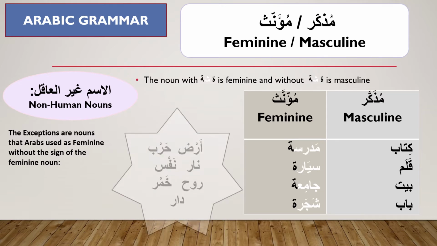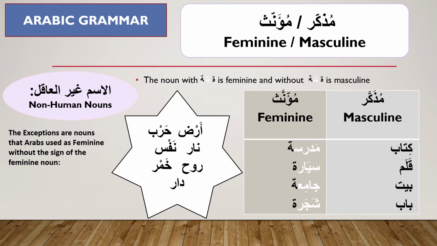These words are ard, earth, or land. Arabs use this word as a feminine noun. There is no obvious reason for that. It doesn't end with ta marbuta to be considered feminine. It's not the name of a girl to be considered feminine. But Arabs use ard as feminine noun.